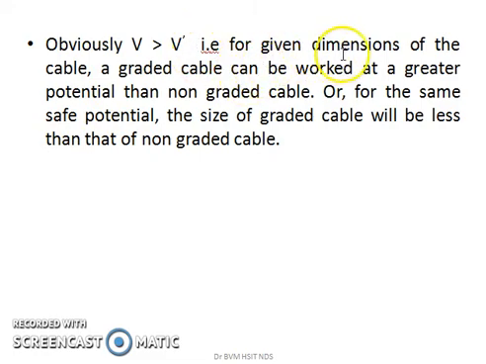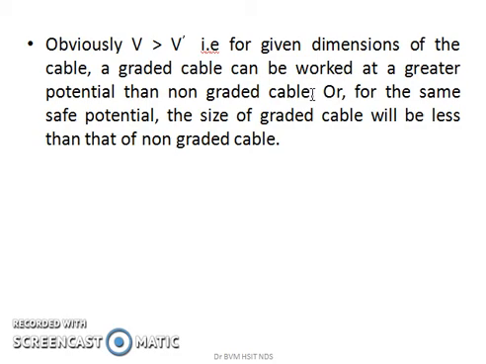That is, for given dimensions of the cable, a graded cable can be worked at a greater potential than the non-graded cable. Remember this. For given dimensions of the cable, a graded cable can be worked at a greater potential than a non-graded cable.